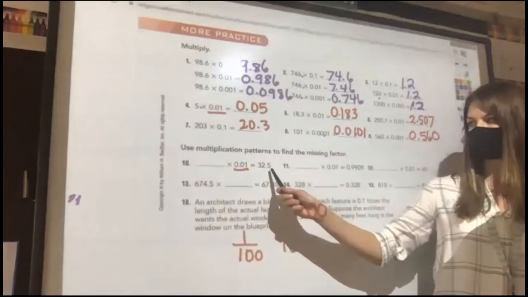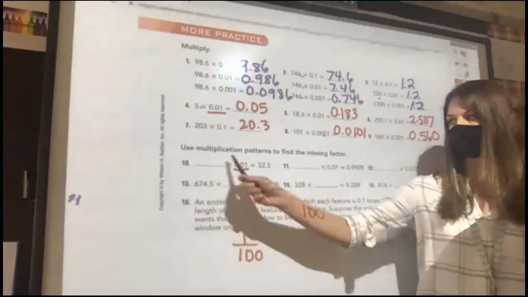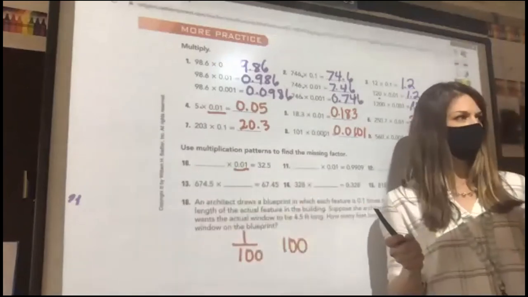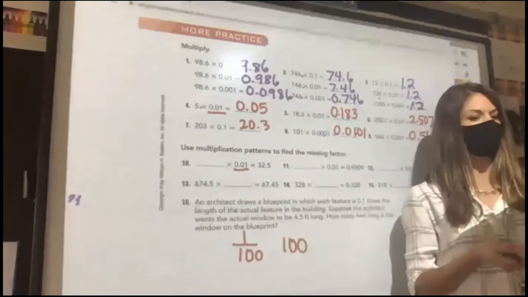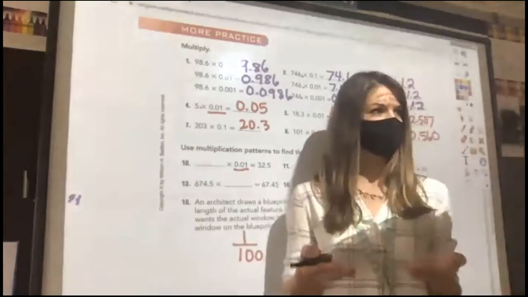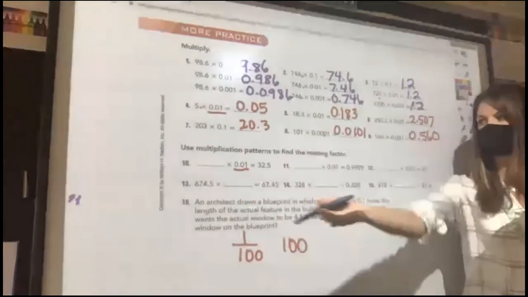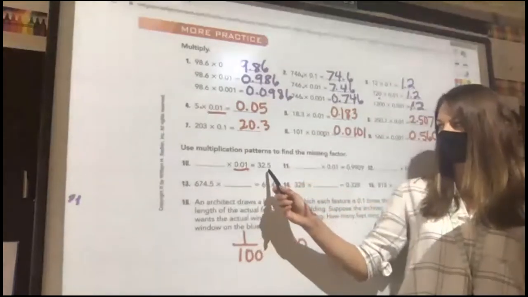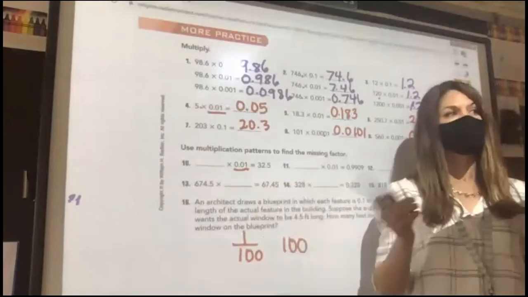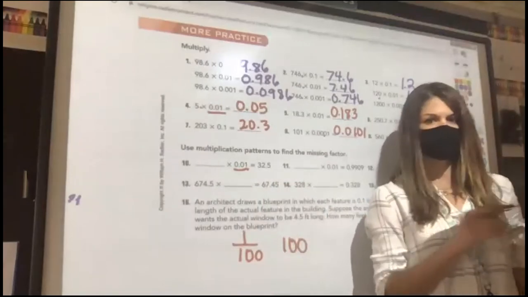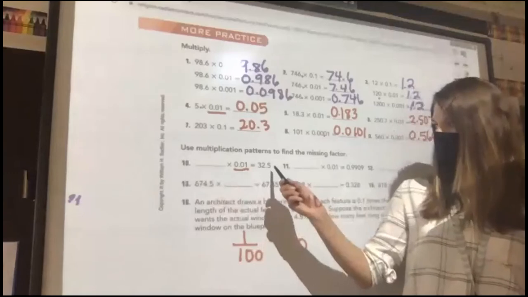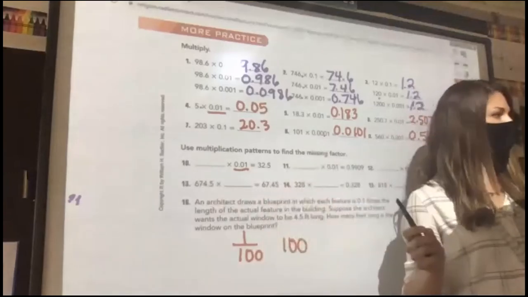So can you see where it ended and then work backwards to figure out where it started? Instead of backwards, we're going to move it forward 2 spots. If I moved this one forward 2 spots, would it get bigger or smaller? It would get bigger, right? So we have to move this 2 place values bigger. What would that number have started with here?